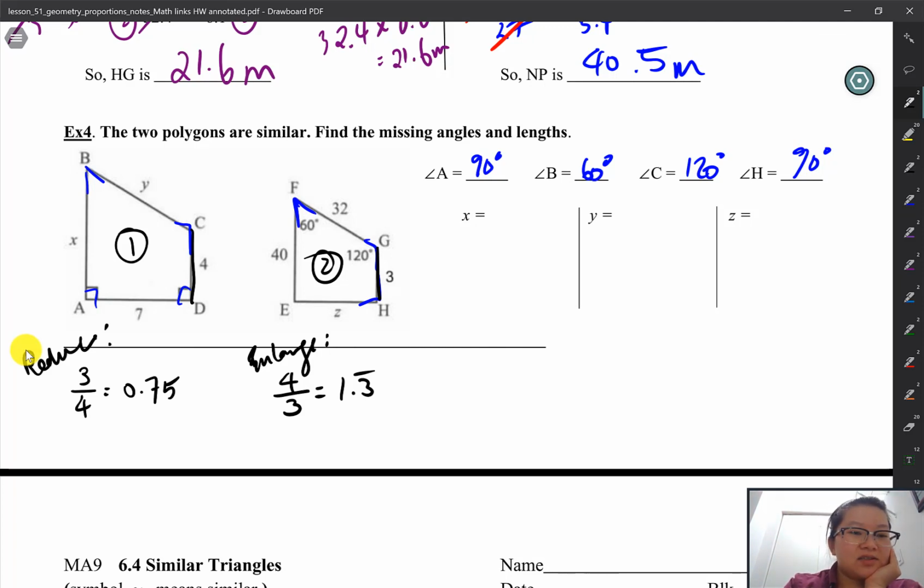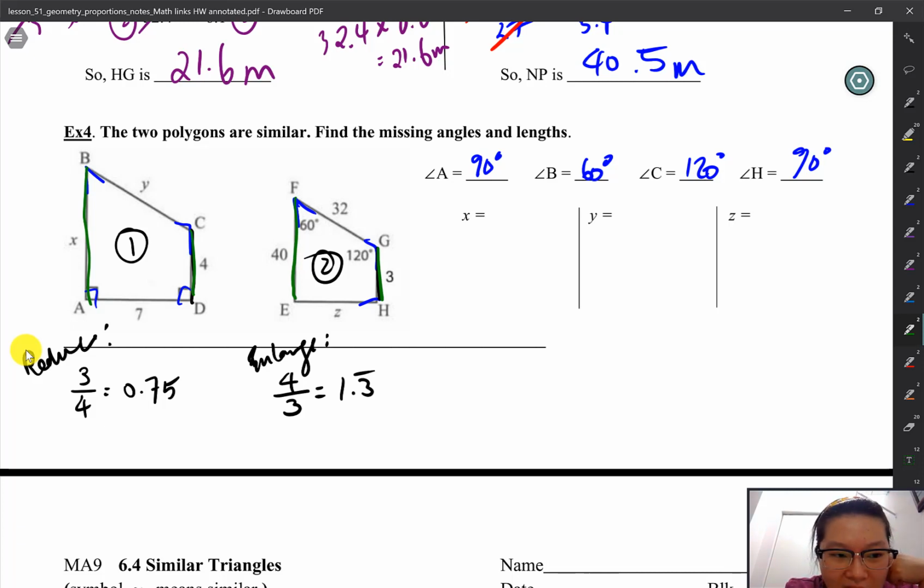To figure out x, this side here, let me use green. Okay, so to find x over here, we find the corresponding side length, which is 40. We also know that side lengths 4 and 3 are similar. So then to figure out x, we just need to work out two equal ratios.